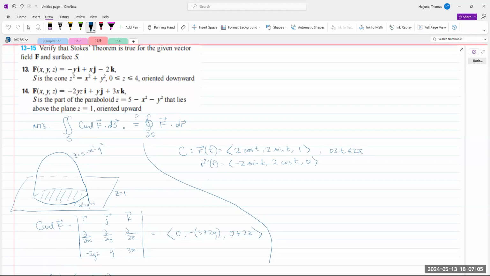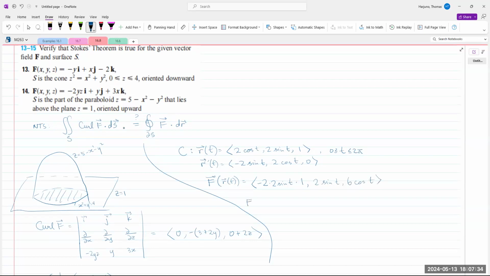The vector field F on that r of t: the x component is negative 2 times y, which is 2 sine t, times z, which is 1. For the y component, 2 sine t. The z component is 3 times x, so 6 cosine t.